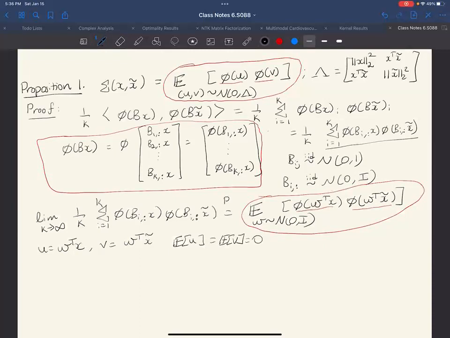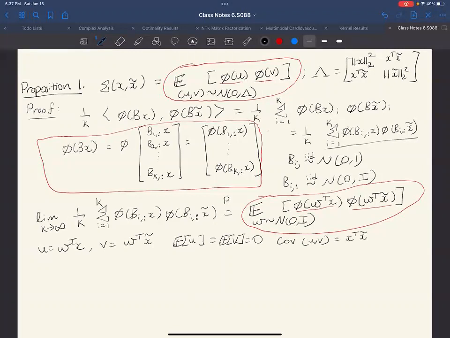But now they have a covariance. And this is the thing that we need to be aware of. So these are two variables that are Gaussian. And what is their covariance structure? So the thing that I would ask you to prove in the homework, which is not so bad, is just that the covariance of U and V is exactly x transpose x tilde.